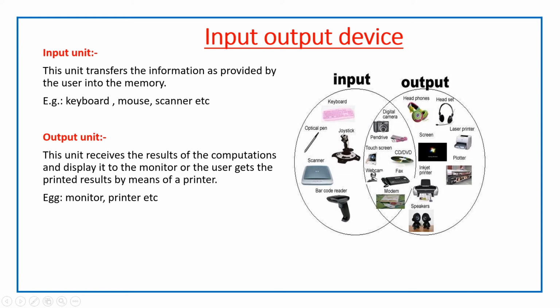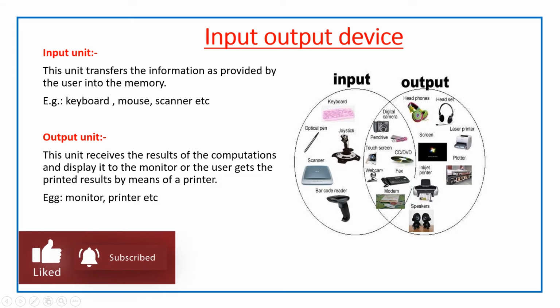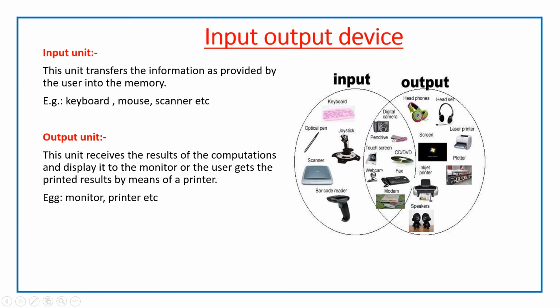Computational results, done by the CPU. Examples are monitor, printer, etc. And here in the figure we can see some input-output devices, and in the middle we can see devices treated as both input and output devices.